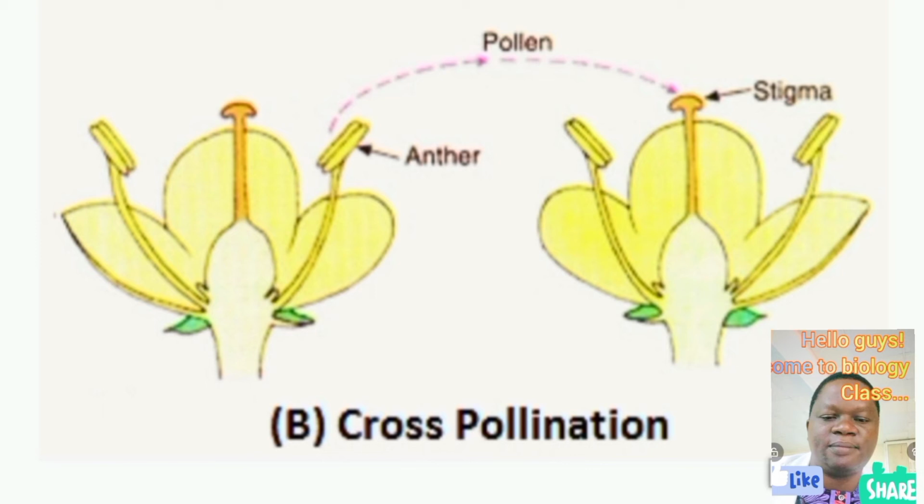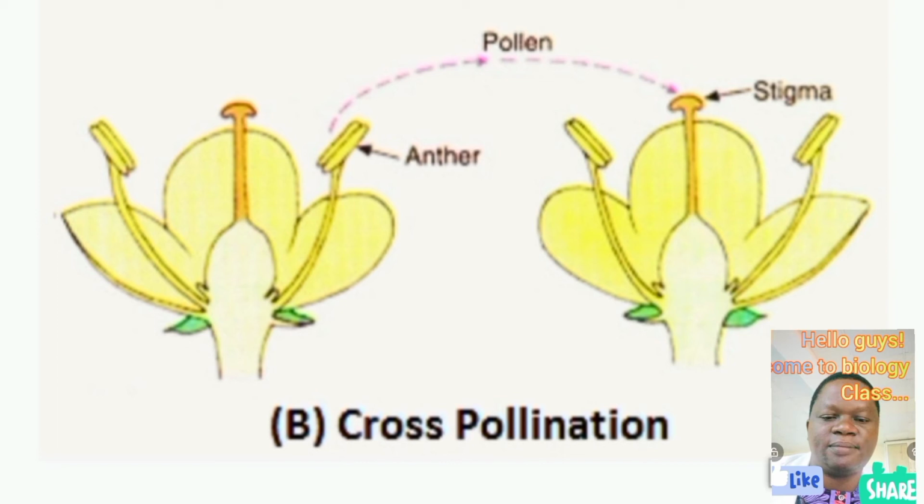This type of pollination could take place in large and brightly colored flowering plants where insects like butterflies and honeybees are attracted by their bright colored flowers. Examples of such plants include apples, strawberries, beans, and so on.